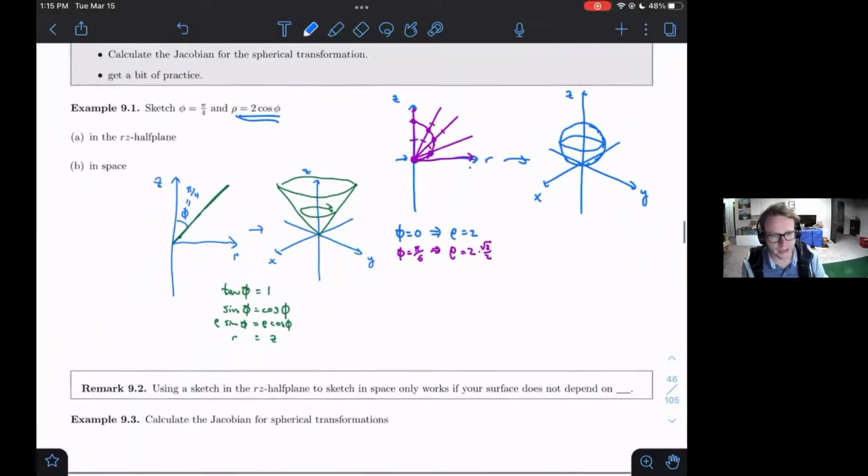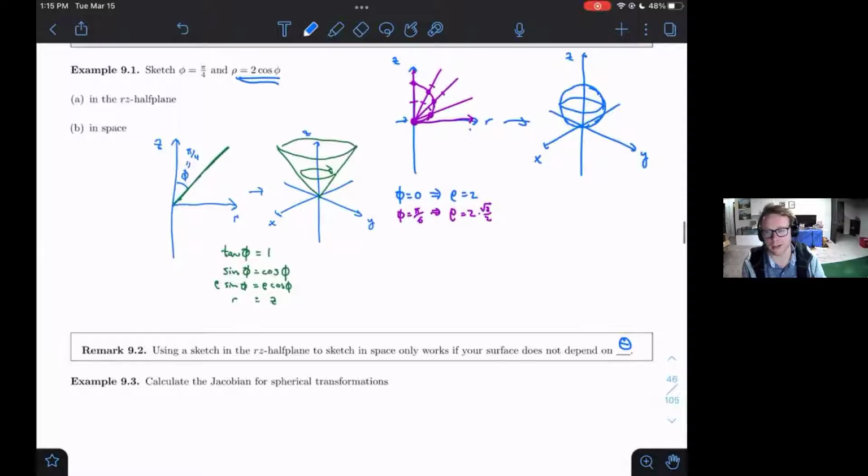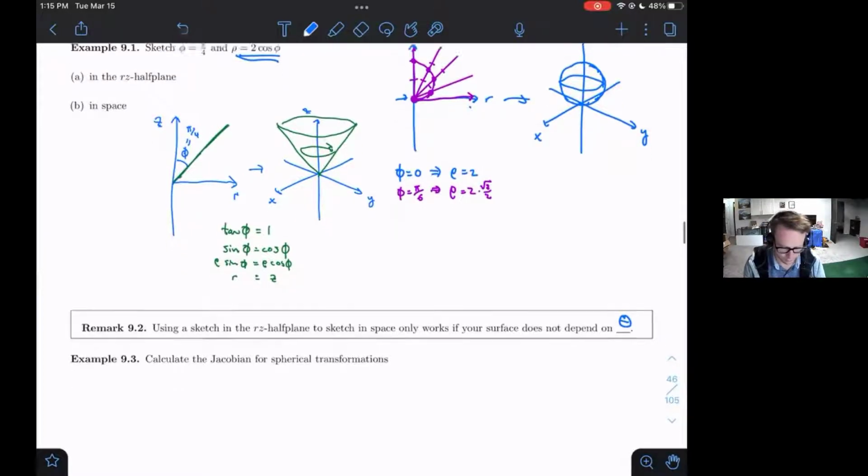Okay. Again, just a reminder, similar to 15.8, all of this works so long as you don't have surfaces that depend on theta. You need to allow theta to be free, and that, again, kind of spins around the z-axis. And so, yeah, make sure that they don't have thetas in them. Otherwise, this trick doesn't work, and you have to graph them out by hand very carefully.